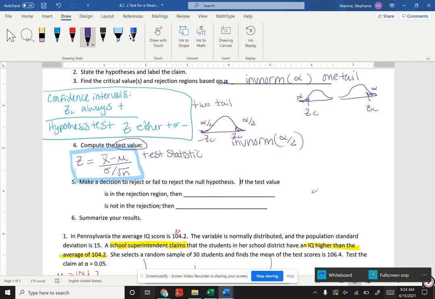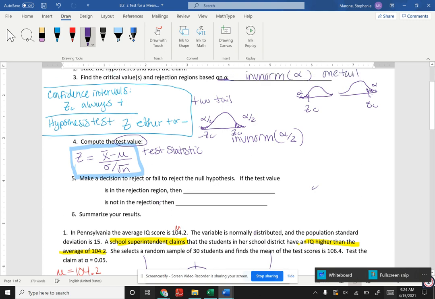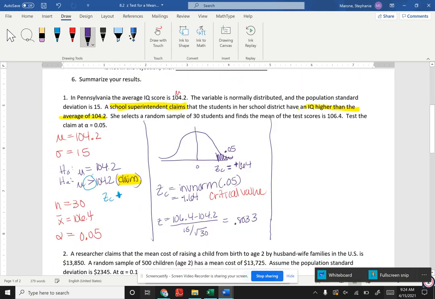A lot of times I'll just say value because I always stutter on test statistic. So to find the test statistic, we use that formula. And that was step 4.